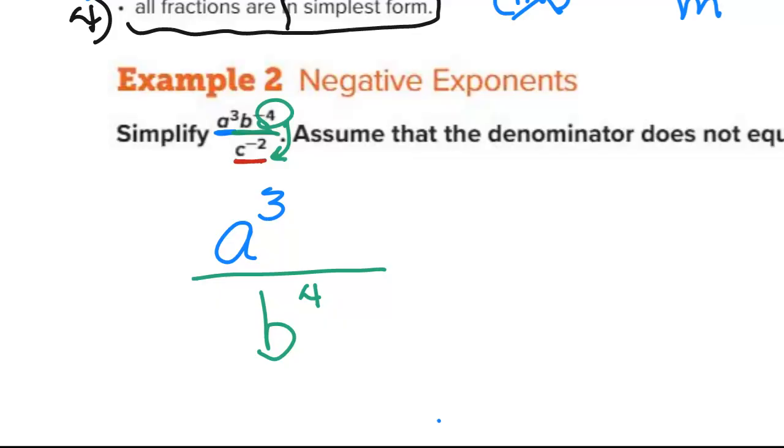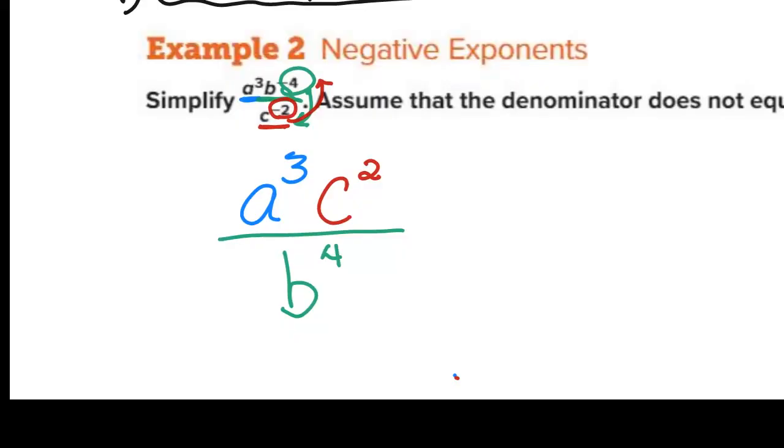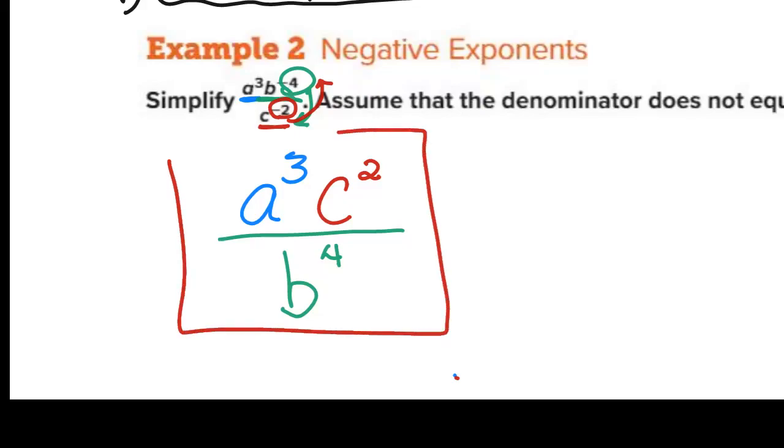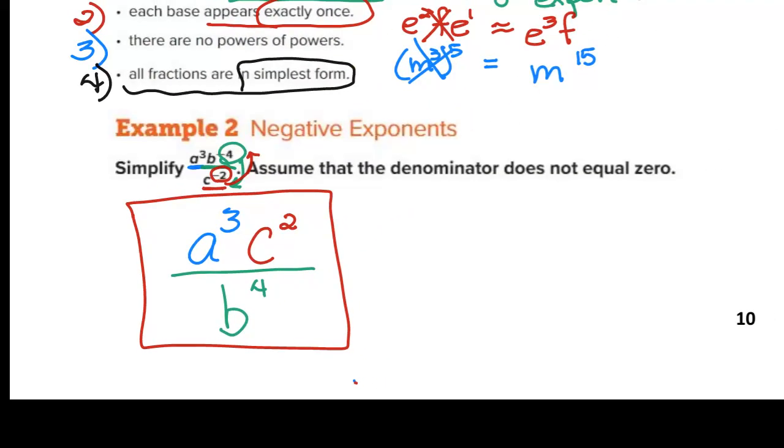It doesn't like being in the denominator, so you are going to move it up into the top numerator, and when you do, you remove the negative sign. I don't have any other repeats of my variables or bases, so this is your final answer. A to the third, c squared, all divided by b to the fourth. Questions on that?